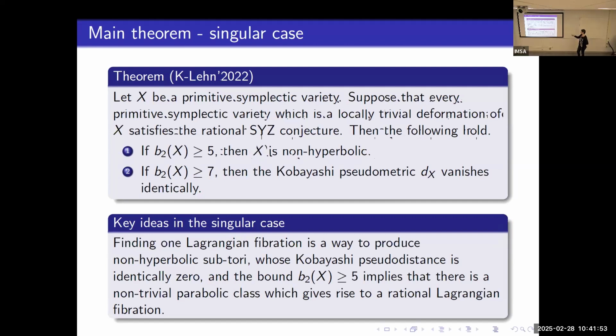So again, the first one is automatic from the rational SYZ conjecture, because as soon as you have this bound on the second Betti number, you can apply Meyer's theorem on lattices and get a non-trivial vector with vanishing Beauville-Bogomolov-Fujiki form, and then it gives rise to a rational Lagrangian fibration.